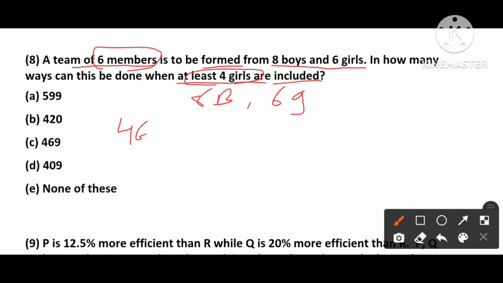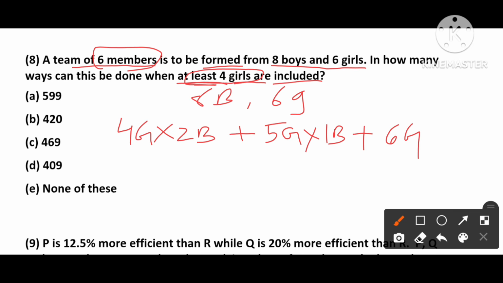So 4 girls and 2 boys, or one more possibility is 5 girls and 1 boy, and one more possibility is we can take all 6 members as girls. So these are the possibilities for at least 4 girls. Then we need to find the number of ways.